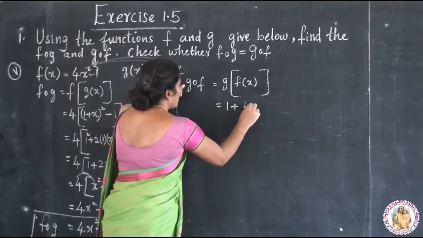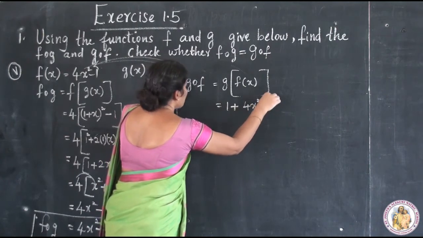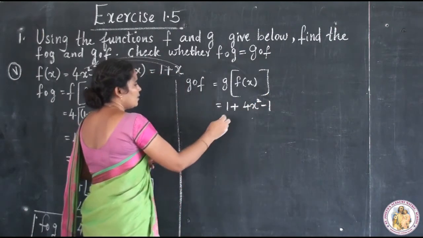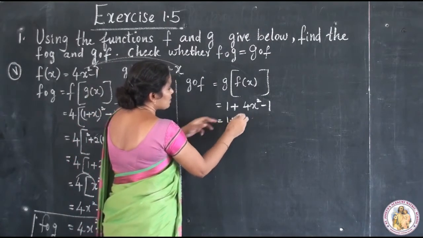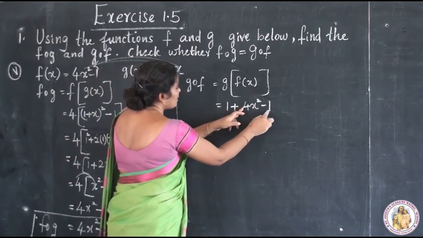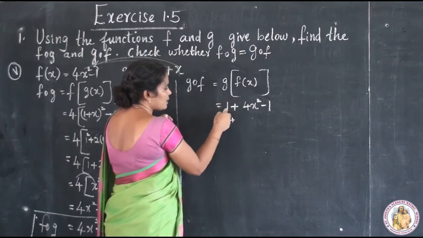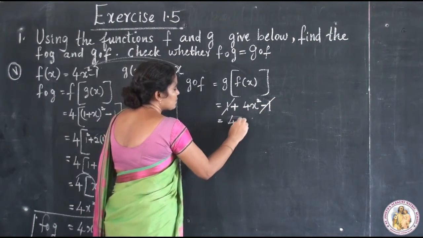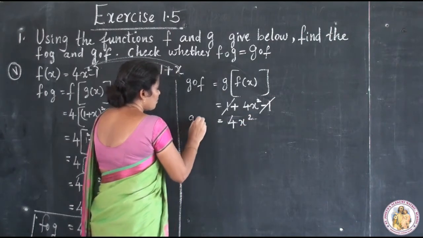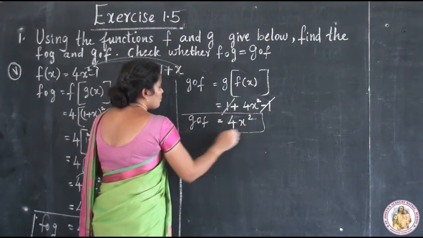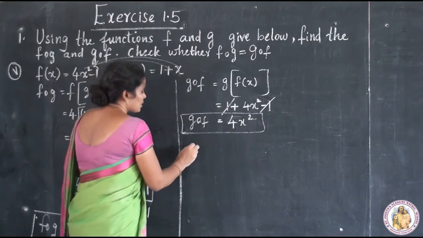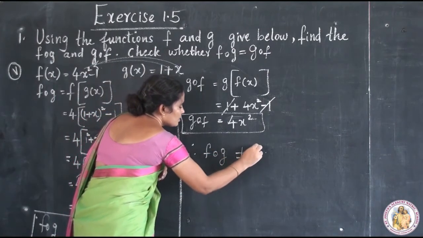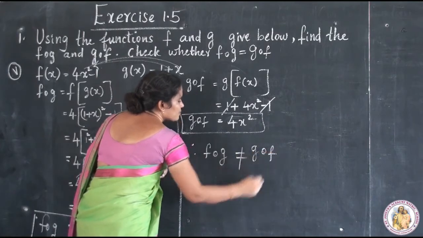So 1 plus 4x square minus 1. Here plus 1 minus 1, directly you can cancel. So it is 4x square. g of f is 4x square. So therefore f of g is not equal to g of f.